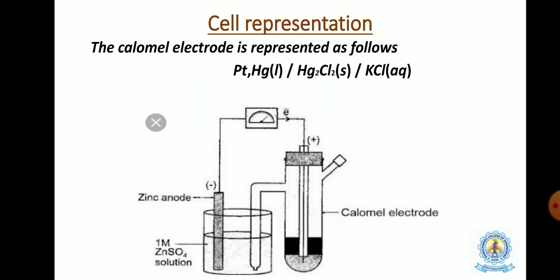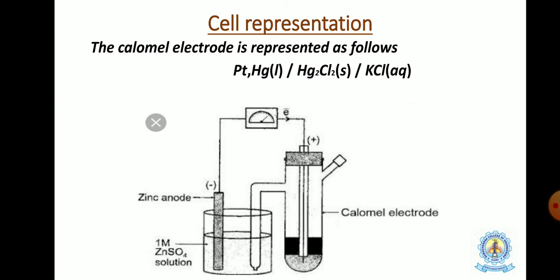Okay, the cell representation. The cell is represented in this manner: mercurous chloride, and here the electrolyte, KCl, is acting as the electrolyte. In a similar manner, this is the construction of two electrodes where zinc is the unknown electrode and calomel is the reference electrode.